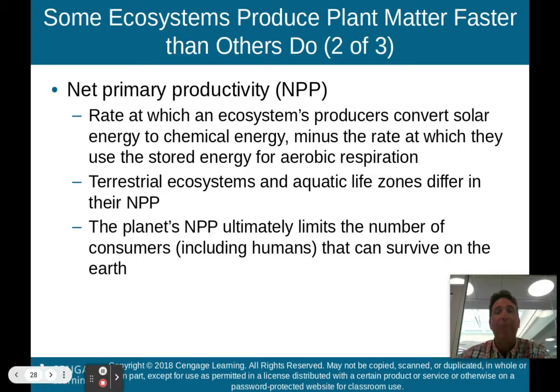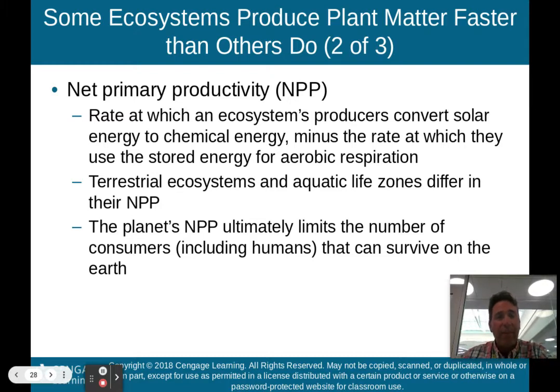Okay, again, we talked about aerobic respiration in Part 1 of this lecture. So for the net primary productivity, you would take your gross and subtract how much of that stored energy is actually used for aerobic respiration, and that would be considered your net primary productivity, or your NPP. Terrestrial ecosystems and aquatic life zones differ in their NPP, and I'm going to show you a graph in just a second.